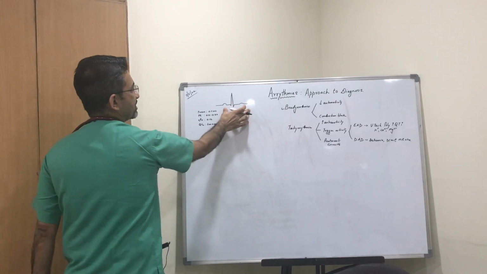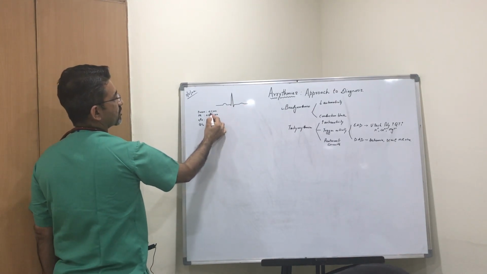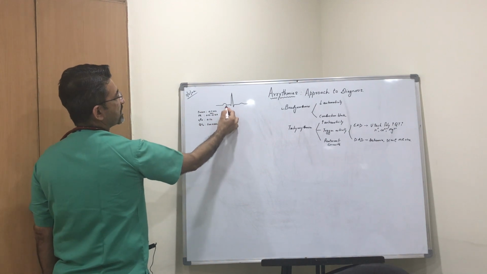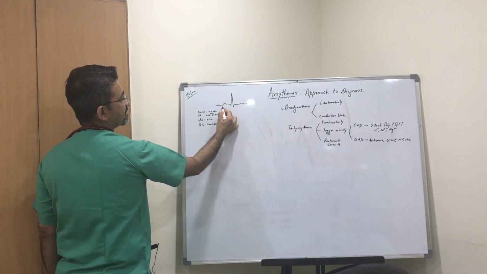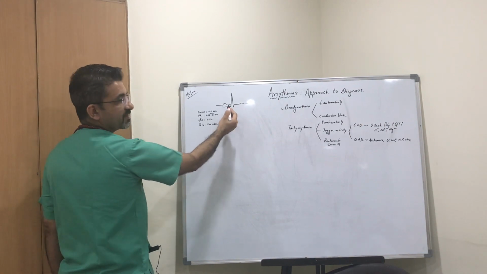So we have a normal ECG in which we have a P wave, the duration is 0.11 second. We have the PR interval. The PR interval is from the beginning of the P wave to the beginning of the QRS. From the end of the P wave to the beginning of the QRS is the PR segment. P wave plus PR segment is the PR interval.